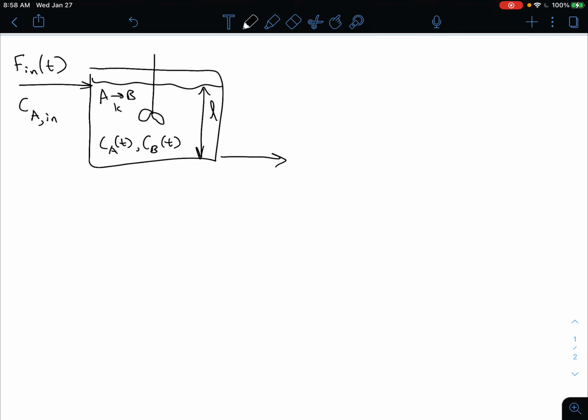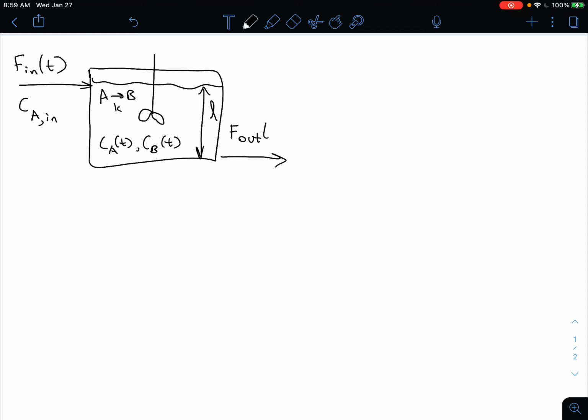I'm going to say it can be a function of time, but I'm not actually going to treat it like a dependent variable. I'm just going to imagine that the operator of the reactor can control a valve and control F in at will. So it's not something that's going to depend on the other variables, but it could change in time.